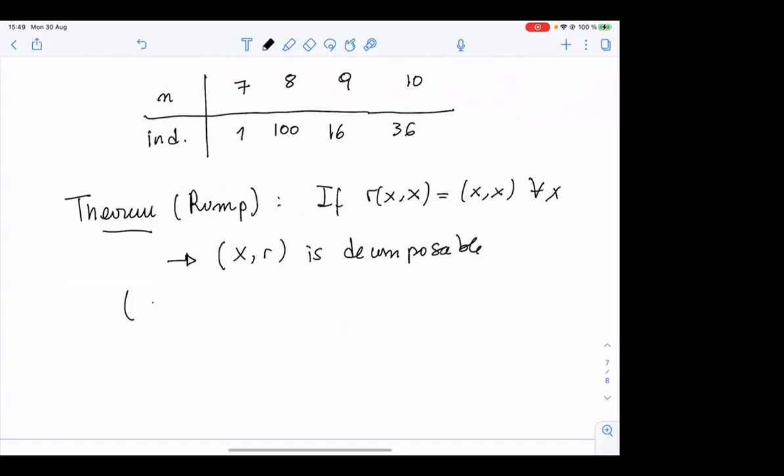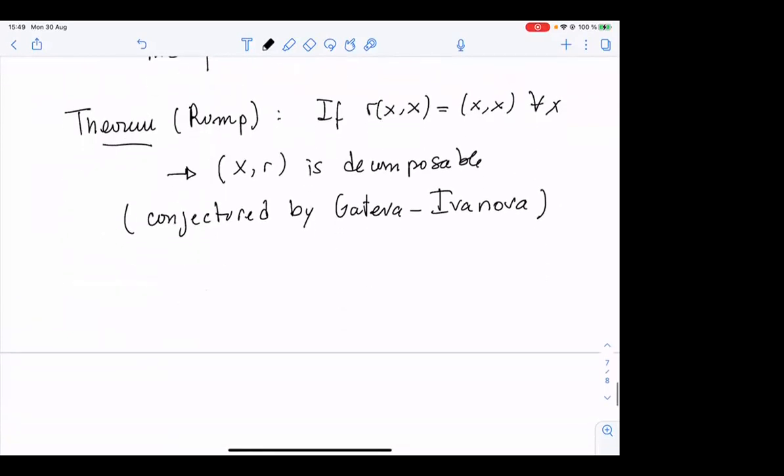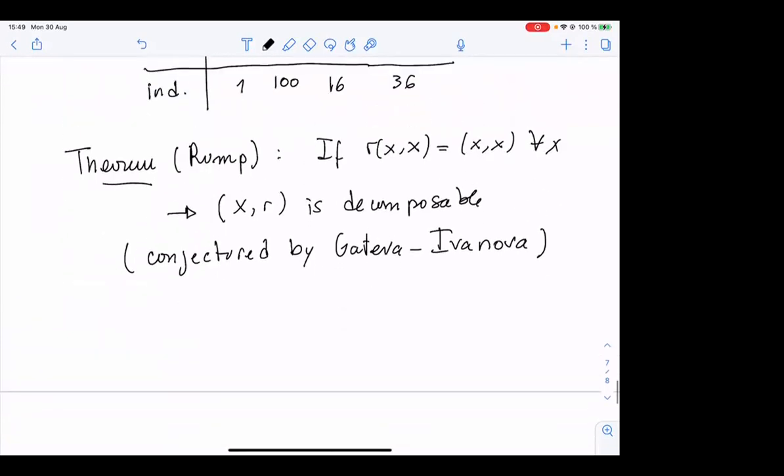This was a conjecture by Gateva-Ivanova. And what we did with my student Santiago Ramirez was to find several theorems in this direction. I would like to mention this quickly.